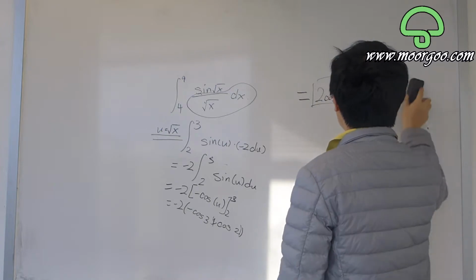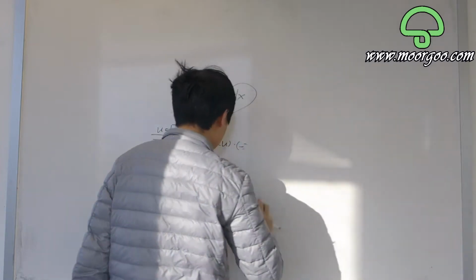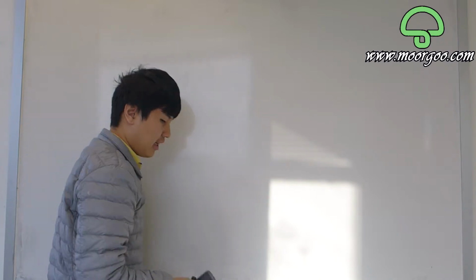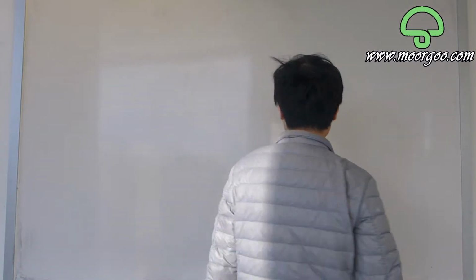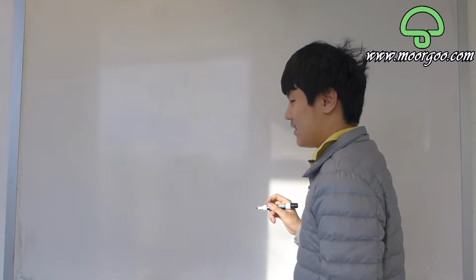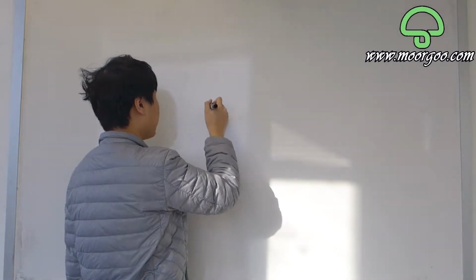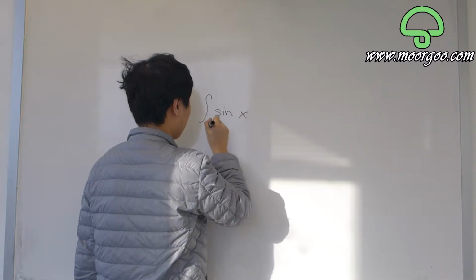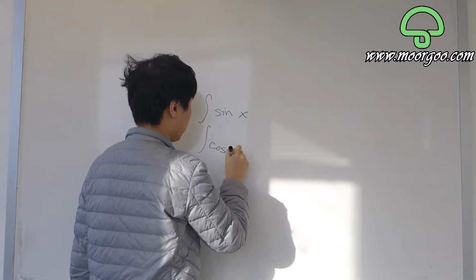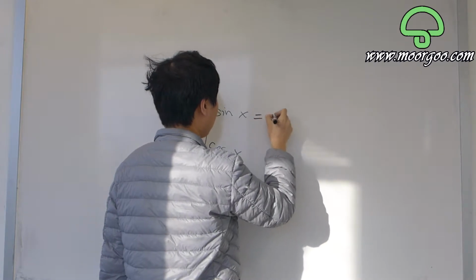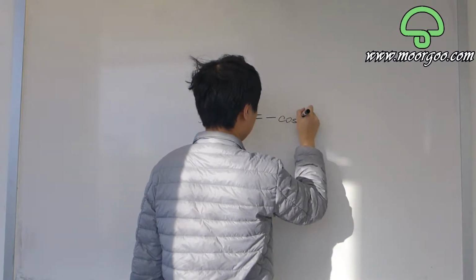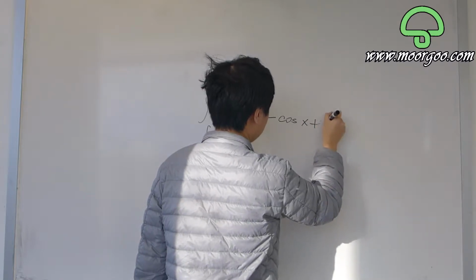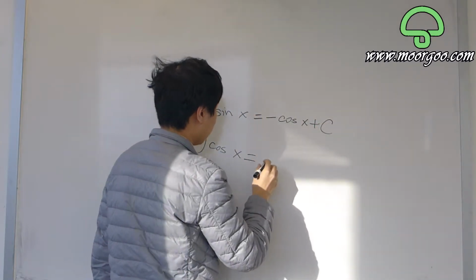Okay. Now, as you might see lots of trig integrals on the exam. Let's review the two basic trig integrals. This one is equal to negative cosine x plus constant.